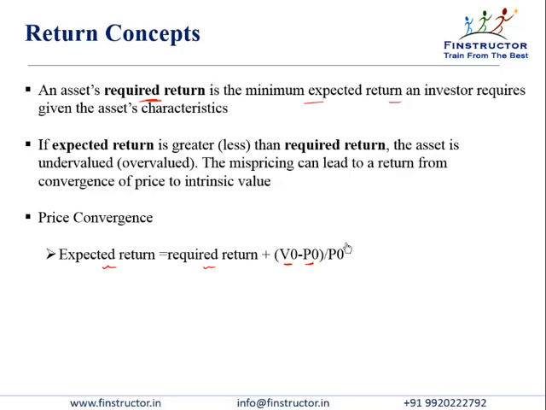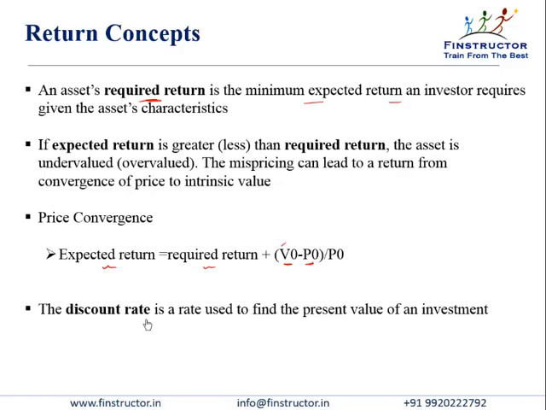If this is positive, we will say the asset is undervalued or the intrinsic value is higher than the current market price. If this is negative, then the expected return will be lower than the required return, as the intrinsic value is lesser than the current market price, or this difference is negative.